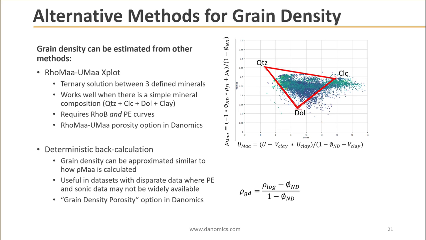Now, the thing here is it means you have to have a PE curve. If you don't have a PE curve, the result's going to be null, and that's probably the least common curve that I see in a lot of data sets.